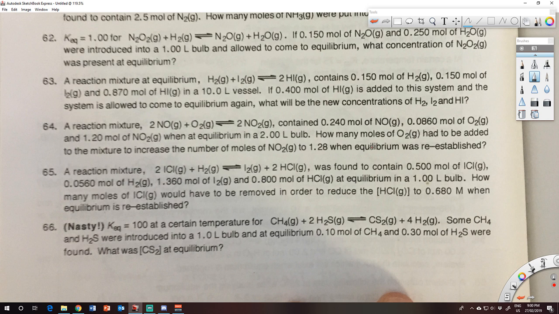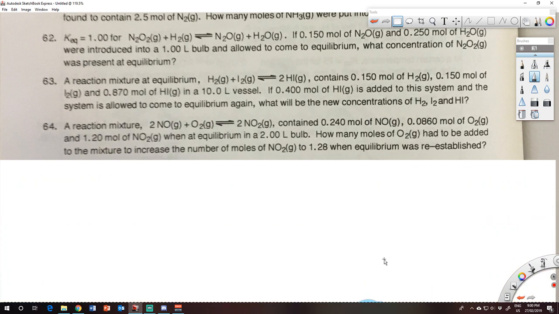So I think the change will have to just be slightly different. Let me set that up for you. I'm not going to solve it, but I can at least set up the equation for you. So the second equilibrium ice table would look like this. 2NO plus... Oh, hey, there's squares in this one.